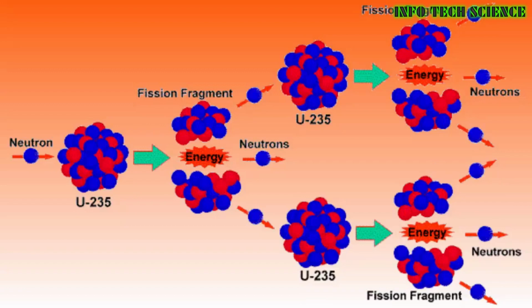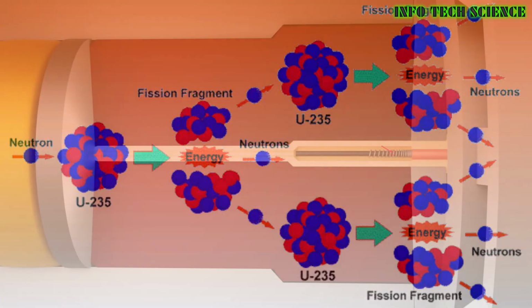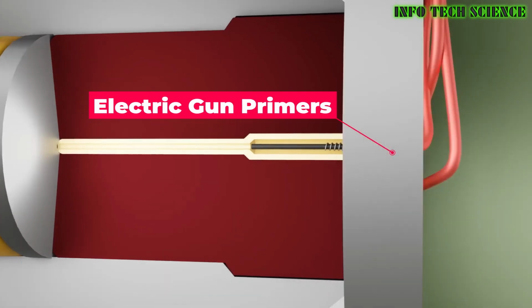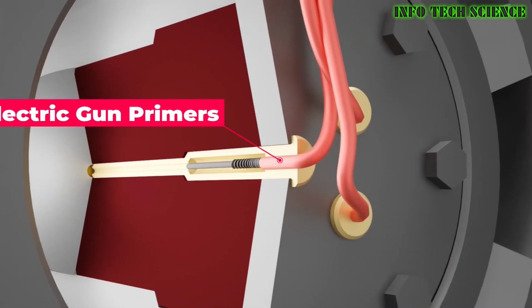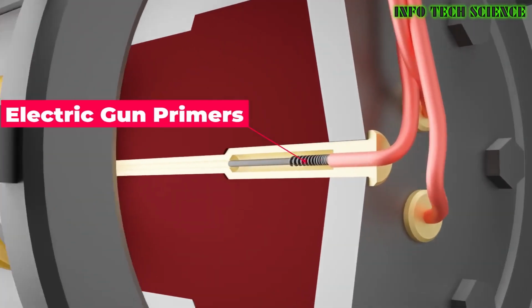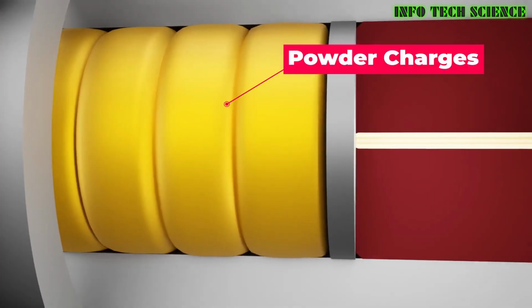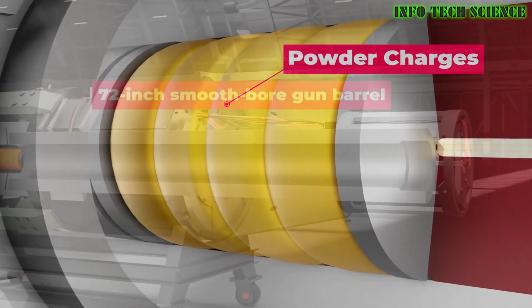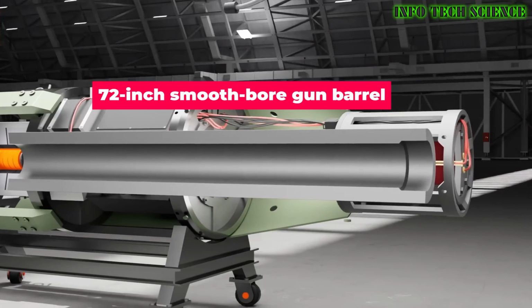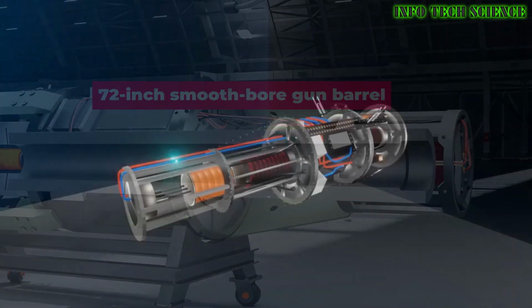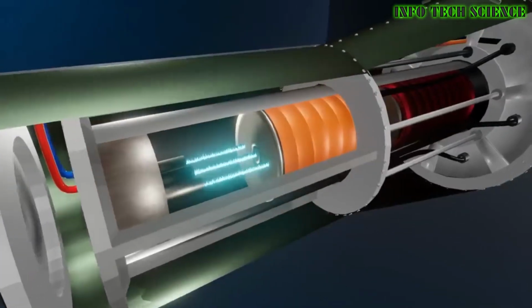The trigger mechanism of an atomic bomb is responsible for initiating the chain reaction. Two primary types of triggers are commonly used: implosion-type and gun-type mechanisms. In an implosion-type trigger, conventional explosives are strategically placed around a subcritical mass of fissile material, such as plutonium-239.